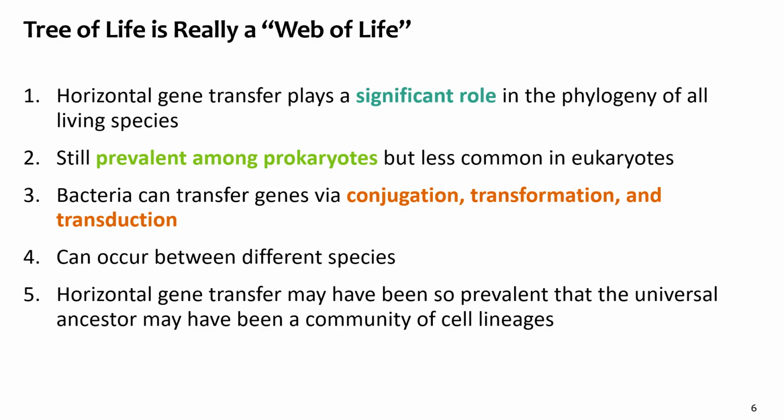So our tree of life, our big phylogenetic tree of life, is really a web of life. All of the trees that we've looked at are showing vertical transfer from that common ancestor due to homology, due to descent with modification. But horizontal gene transfer has actually played a significant role in many of the different taxon that we have in our tree of life.